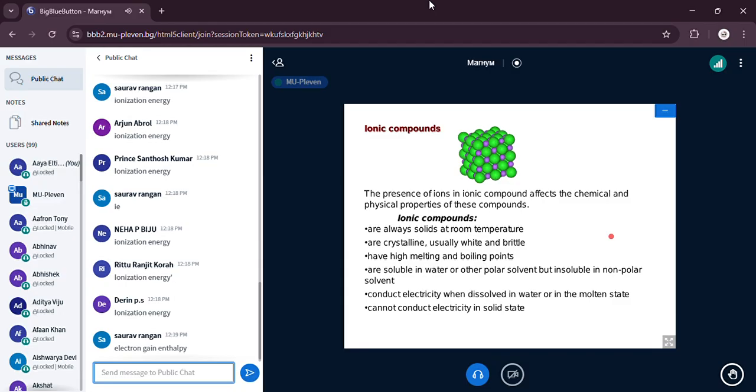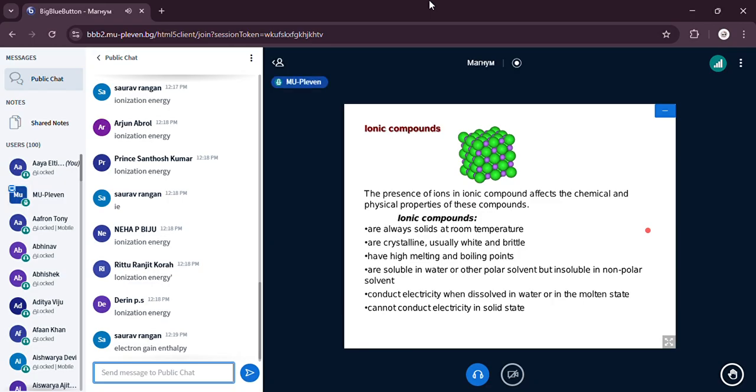Compounds containing ionic bonds have specific characteristics, specific properties. Let us think about sodium chloride. We can say that usually these compounds are white, solid, brittle, crystalline compounds having high melting and boiling points.